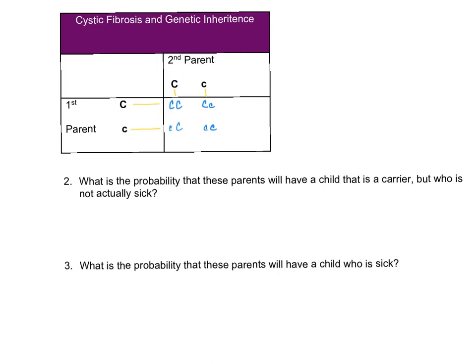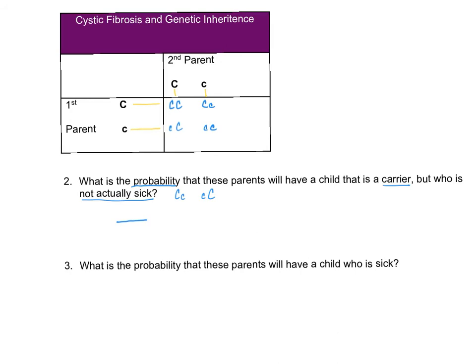Part 2, what is the probability that these parents will have a child that is a carrier, but who is not actually sick? So carrier, not sick, would be a big C, little c, and the order doesn't matter. It could be little c, big C. Since it's a probability, it's a fraction, where the denominator is all the possible things that could happen.